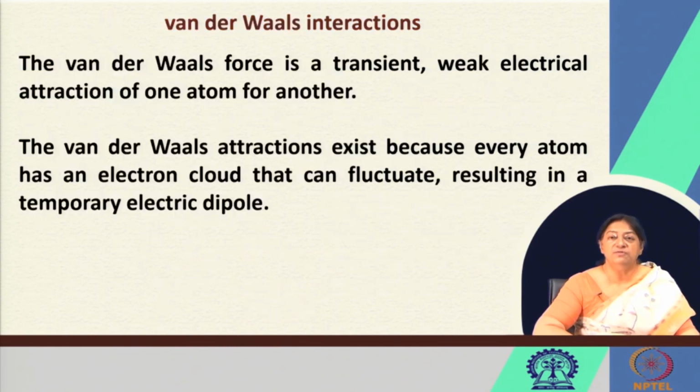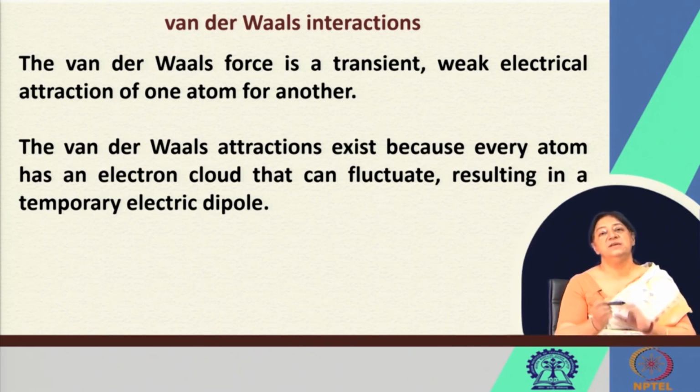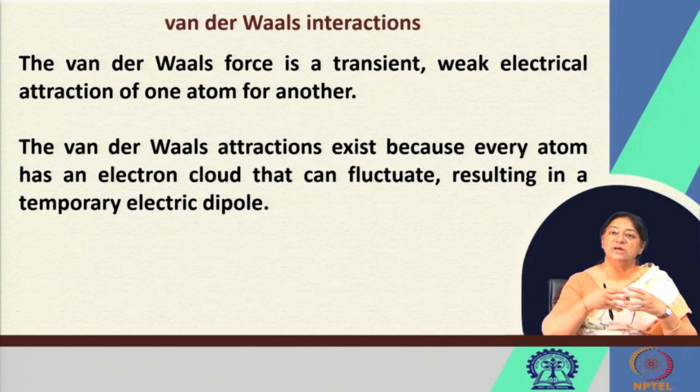The other information that we need to know is van der Waals interactions. In van der Waals interactions, we know that every atom has an electron cloud around it. This electron cloud is constantly fluctuating, and because of this a temporary electric dipole is formed. Because of this temporary dipole, there can be favored interactions between the atoms.